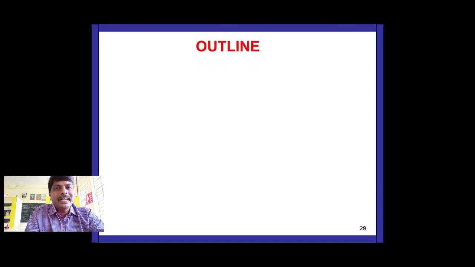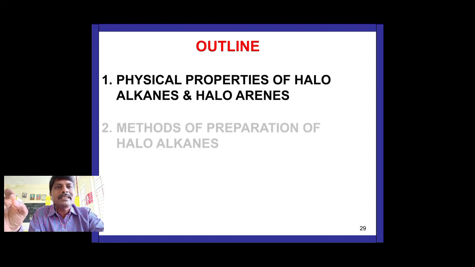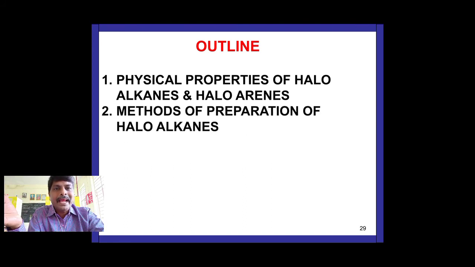What we studied in today's class: in this session, physical properties of haloalkanes like physical state, density, color, smell, boiling points, and next, methods of preparation from alkane, from alkene, from alcohol, by halide exchange, and finally the Unsdiecker reaction. From alcohols it is very important.